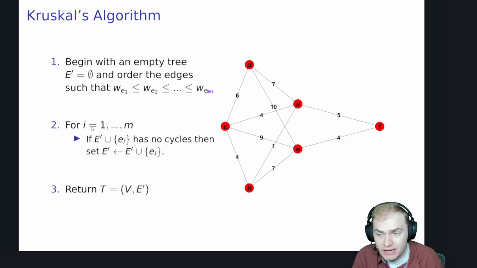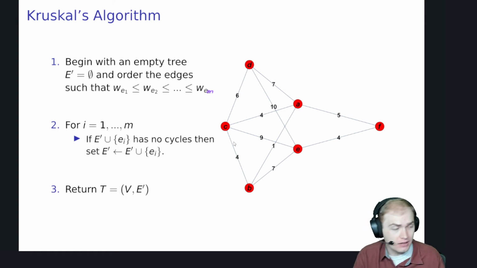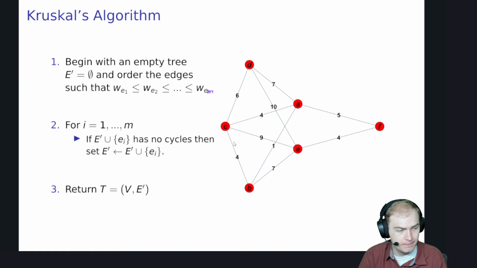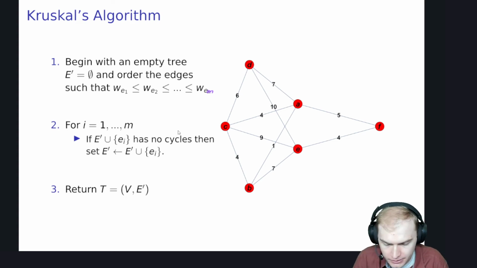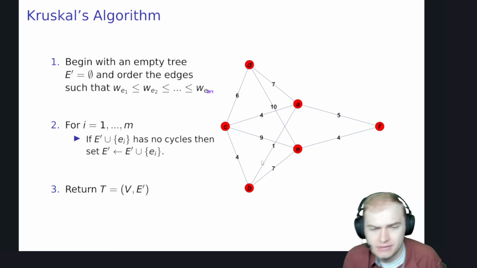So then for every edge, if that edge does not create a cycle if we add it to our tree, then add it to the tree. Specifically, we do this in the order that we've weighed them, in weight order. So let's do that real fast.